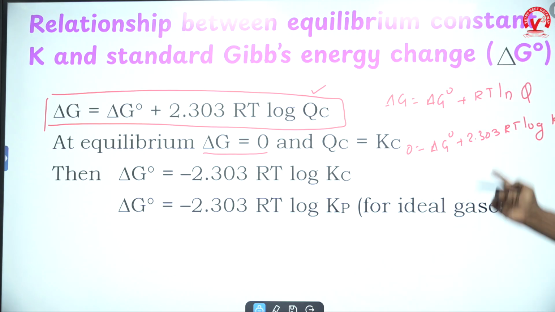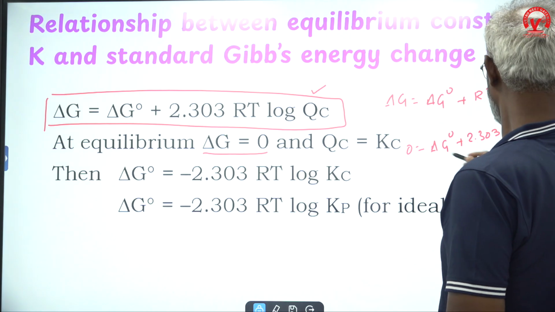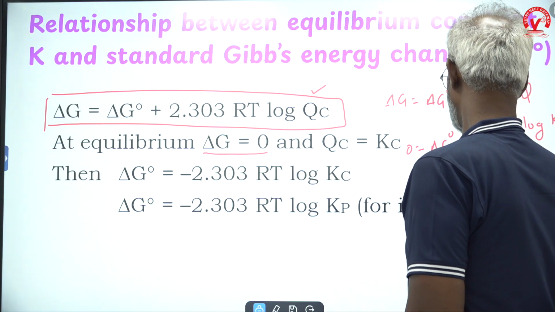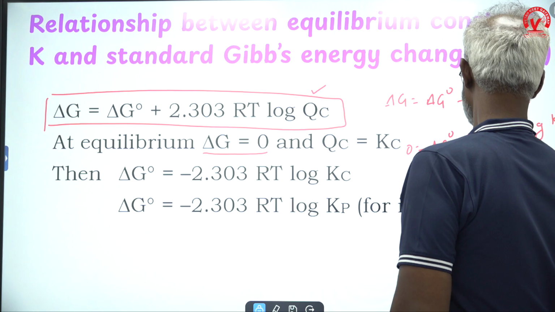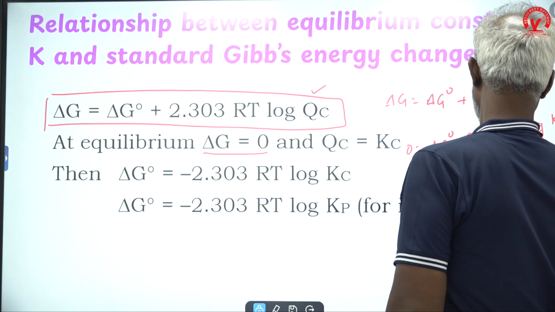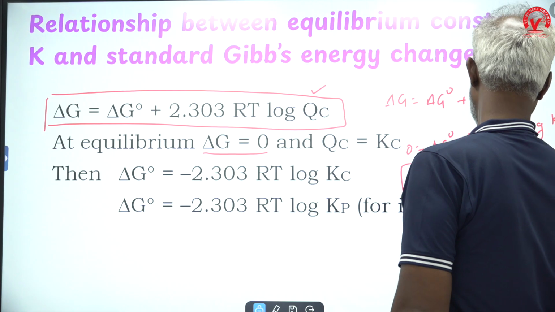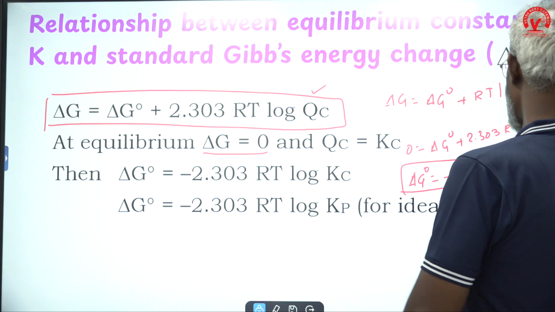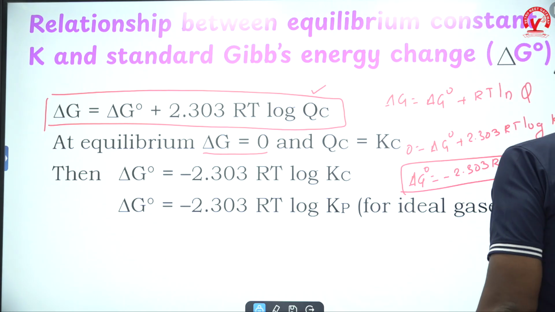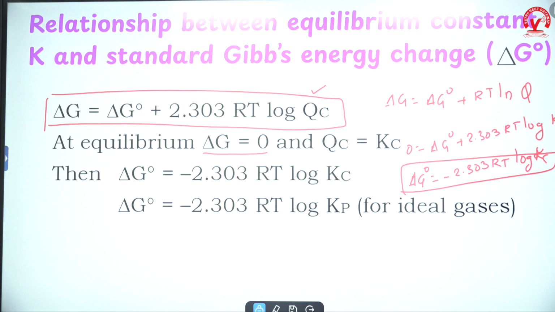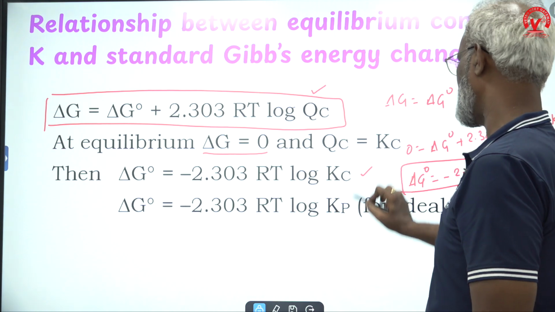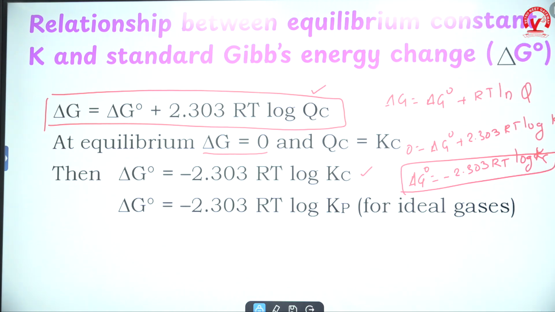Therefore, if you bring delta G naught to the left, delta G naught will be equal to minus 2.303 RT log Kc. This is the relationship between standard Gibbs energy change and Kc.